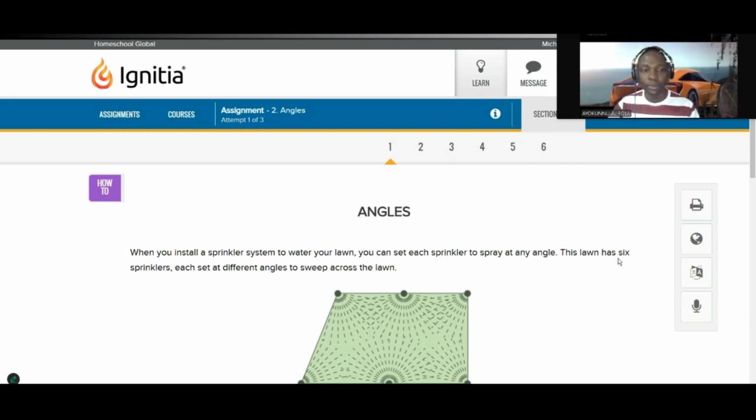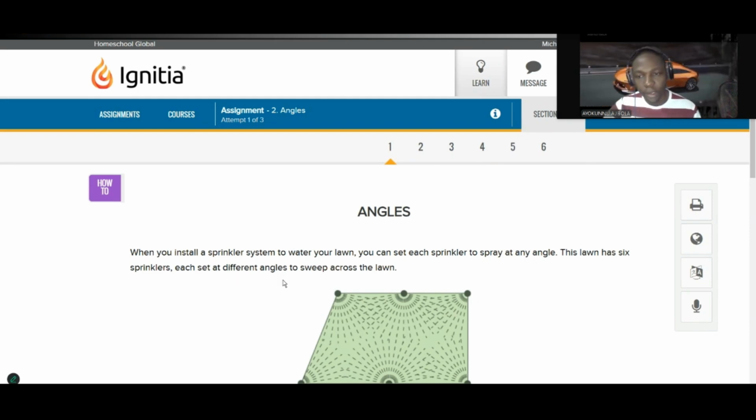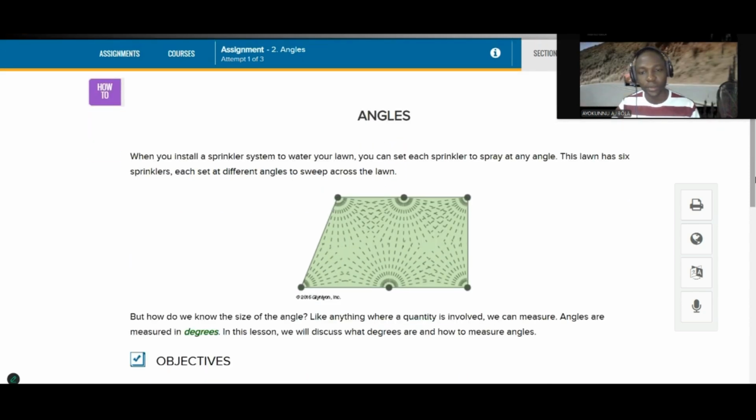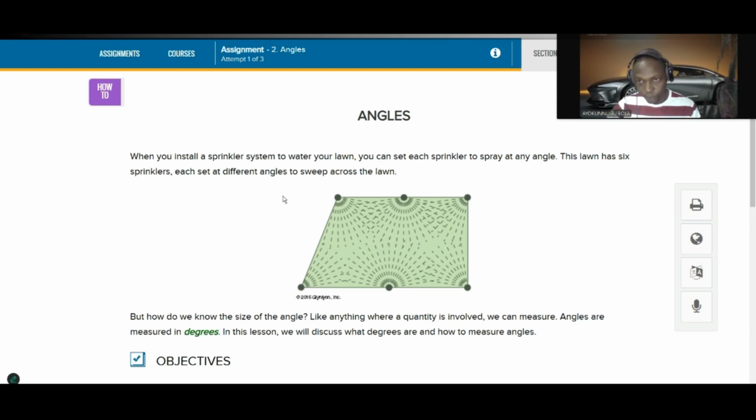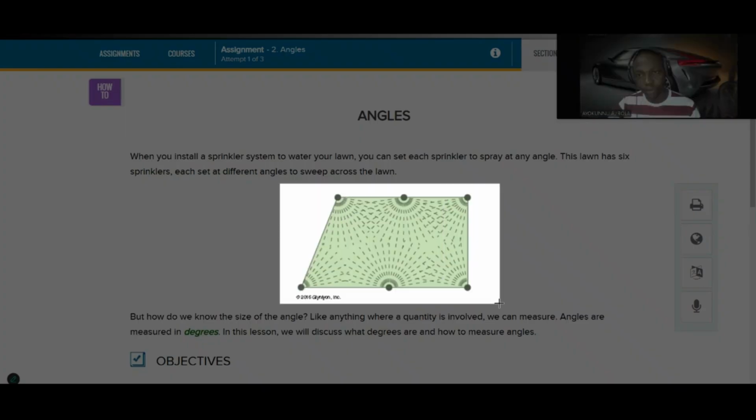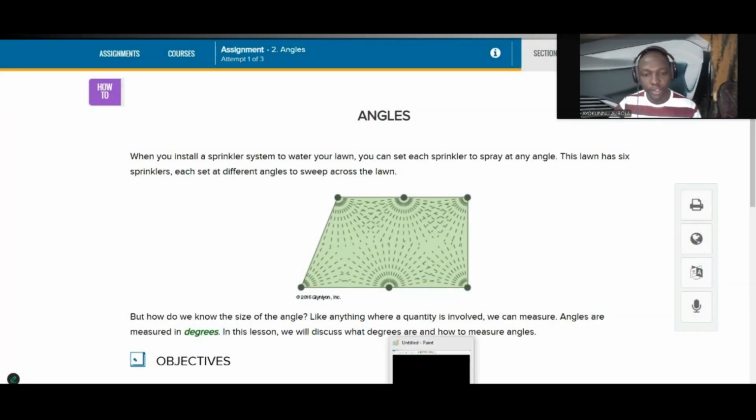This lawn has six sprinklers, each set at different angles to sweep across the lawn. So you can see at this point, there's an angle. Let's take it to the board and try to view all of the angles on these sprinklers.